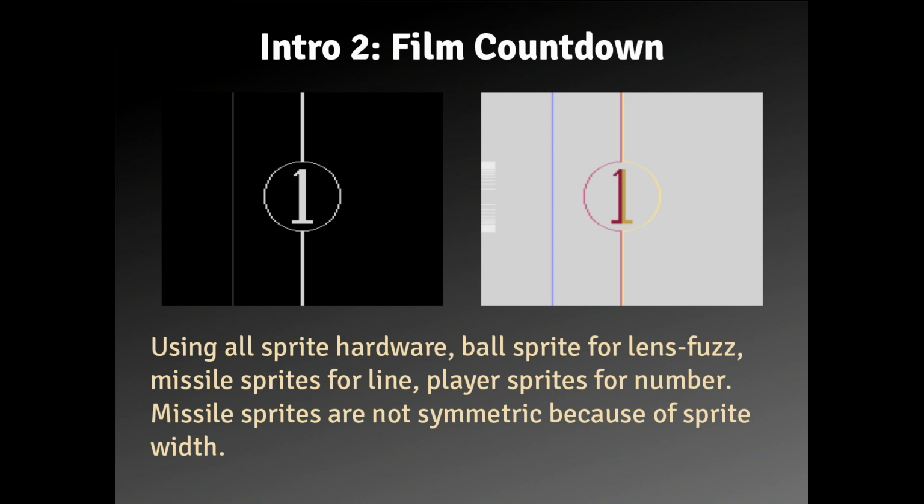And I also wanted to have some fuzz on the lens. This is the line here that moves and flickers around. I really like that idea. No, it's intended to be this way. The circle is done using the missile sprites, and the number itself is shown using the player sprites.